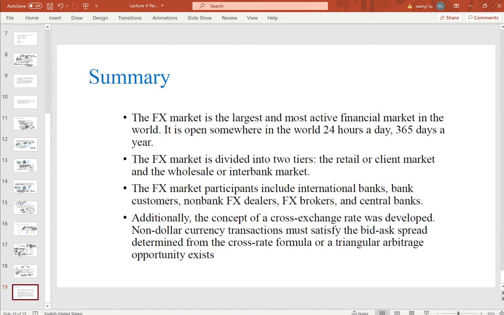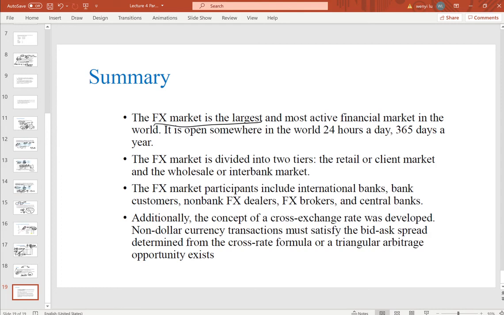The foreign exchange market is the largest, and it is open somewhere in the world 24 hours a day, because of time zones, right? When one market closes, other markets open. So it lasts 24 hours, every second, every minute, 365 days a year.